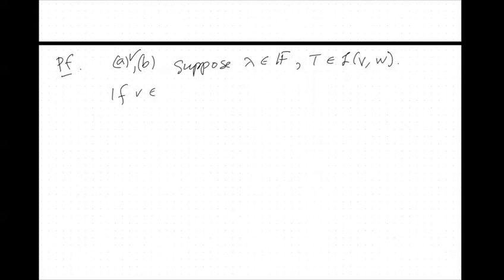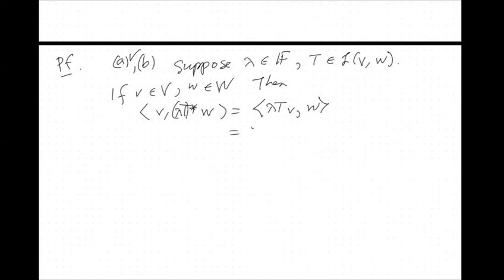If we have V in V and W in W, then by definition, the inner product of V and T star of W is equal to lambda T V and then W. And then this is just lambda, and then you get T V W.